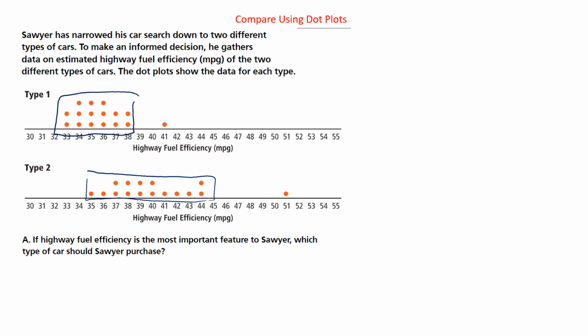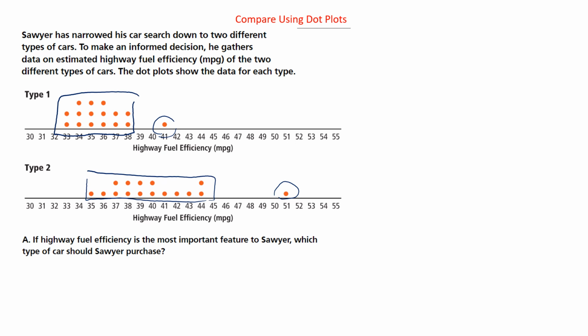Now, in each of them, we have these guys way out here. Those are called outliers. And those will affect the mean a little bit. They'll also affect our spread or variability a bit as well. It's nice that we had those outliers.